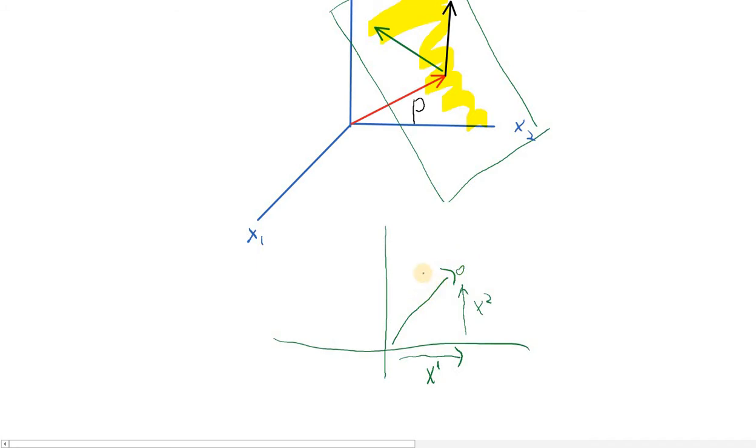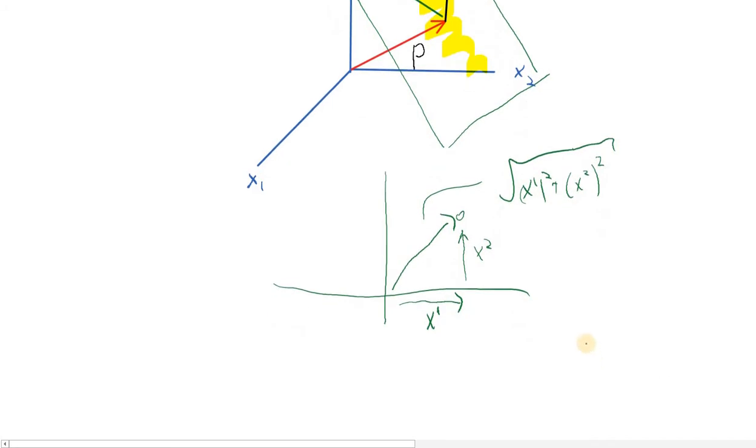And you know that the length of this is going to be the square root of x1 squared plus x2 squared. Now remember, this 1 and this 2 are the superscripts that denote which component of the vector it is. Well, we have this general form from the Pythagorean theorem.